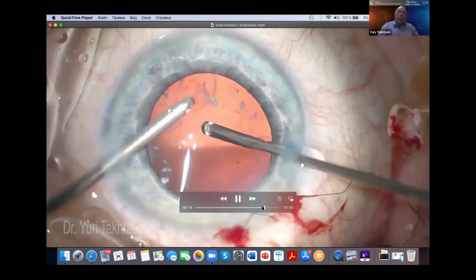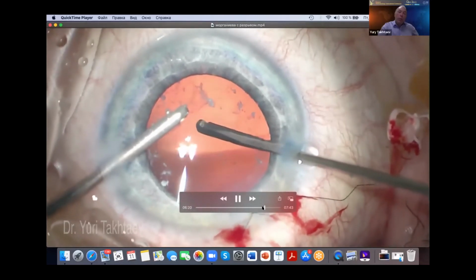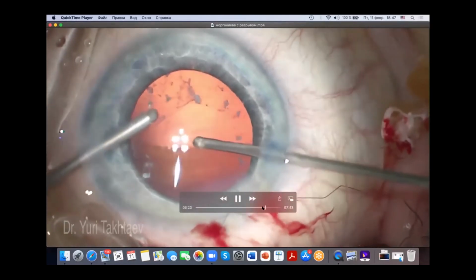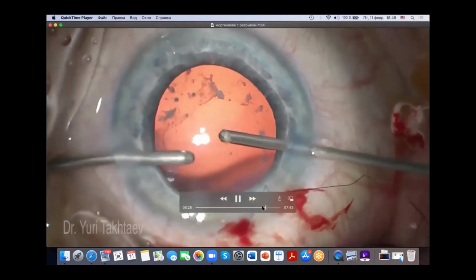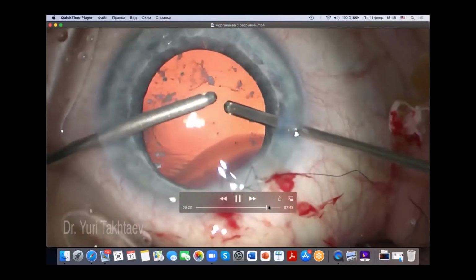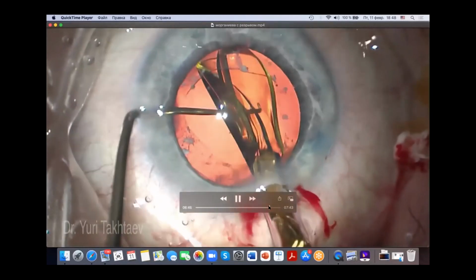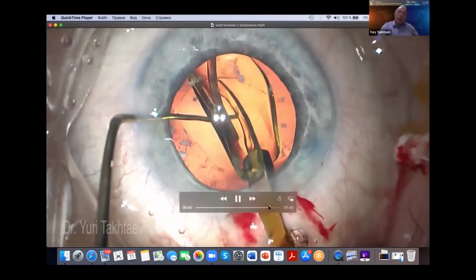And at the end, let's remove the residual fibers. And at the end, we put the lens in the bag.